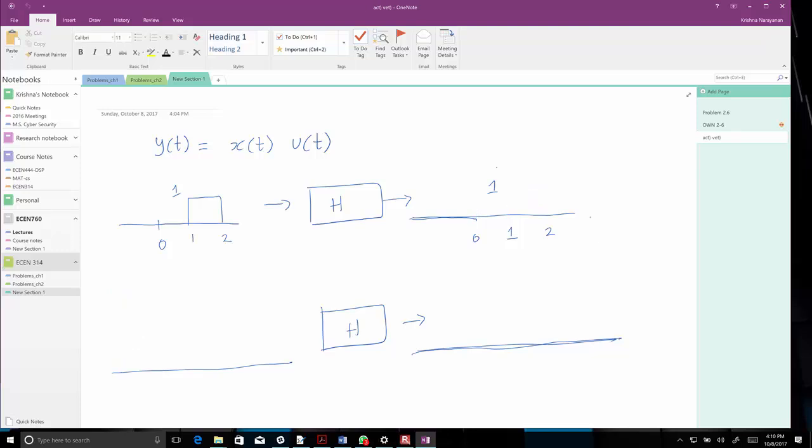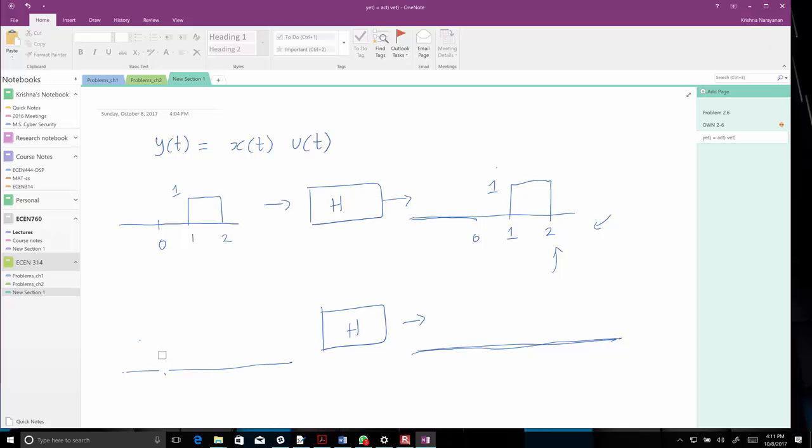Is that simply a shift of this by 2 to the left? No, right? I shifted the input by 2 to the left, but the output is simply 0 in this case. It's not a shift of this output by 2 to the left. So clearly it's not time invariant. That's just playing with an example to see that it's not time invariant.